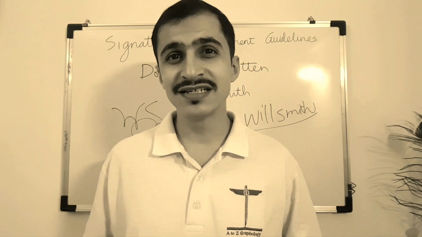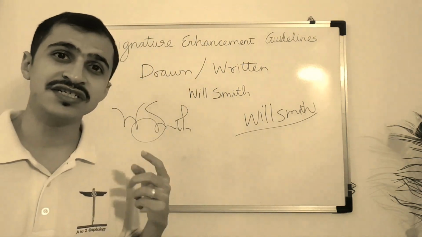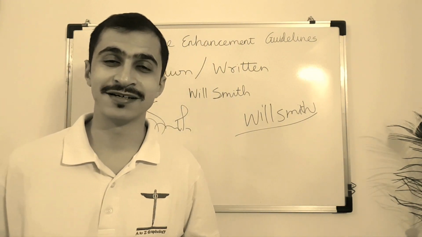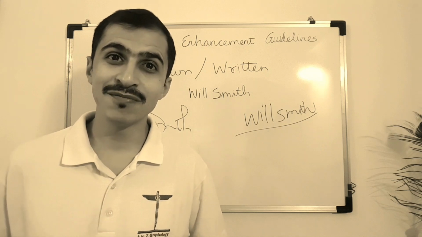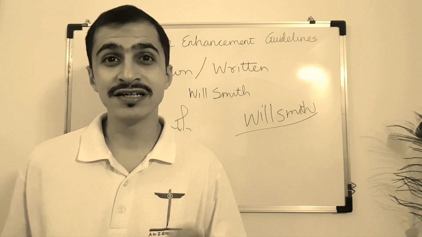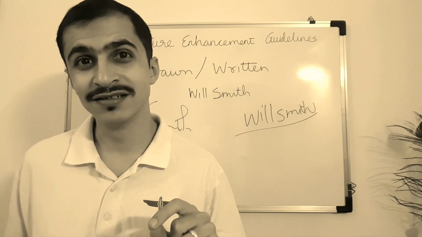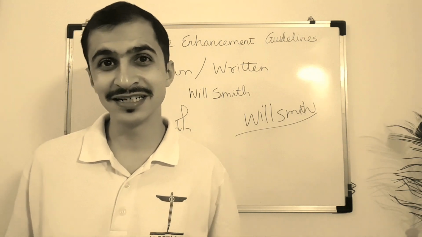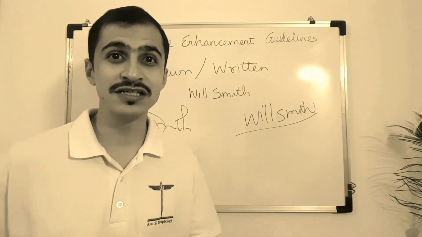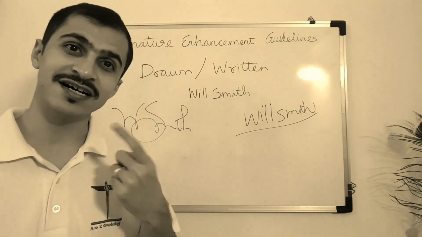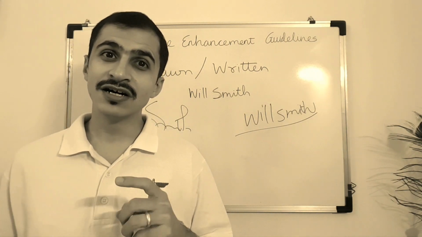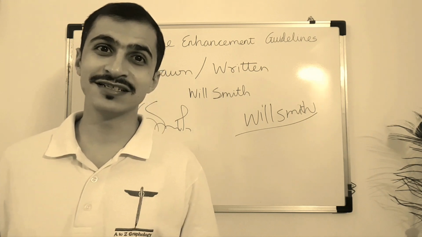Now, the problem with this is that a drawn signature is very difficult to replicate. Now that is actually a compliment, right? But if it is difficult to replicate by the person who owns the signature, then the owner of the signature will be in trouble. Because if he can't sign the same signature again, that means he is almost forging his own signature.